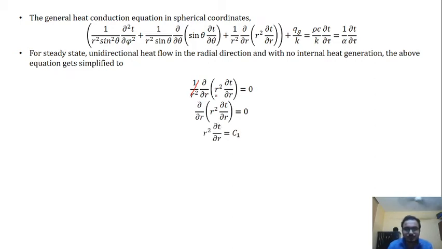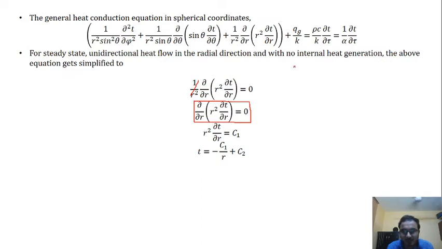Then here we are going to integrate this term, and once we integrate this term we will obtain a constant c1 on the right hand side. And here for further integrating this formula we will be getting this.